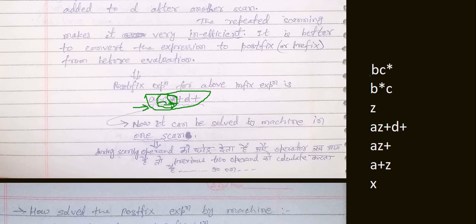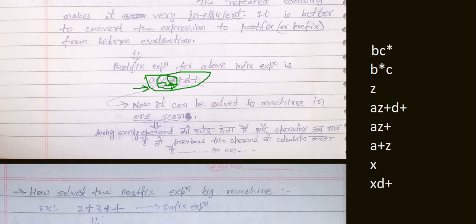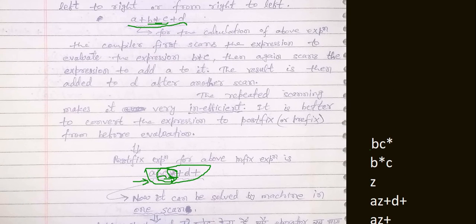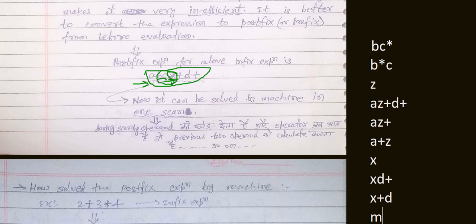Then the expression is x d plus, and again it will be solved as x plus d, and let's say the answer is m. You can see that in only one scan the machine can solve the postfix expression. That's why we need to convert infix to postfix.